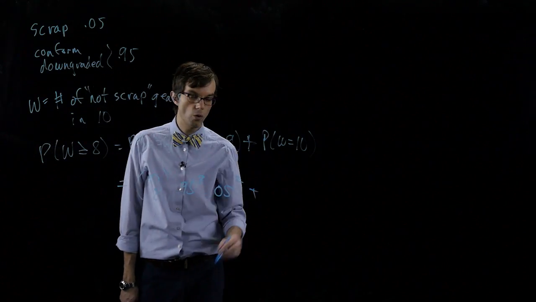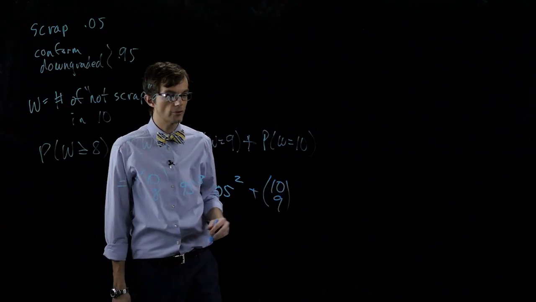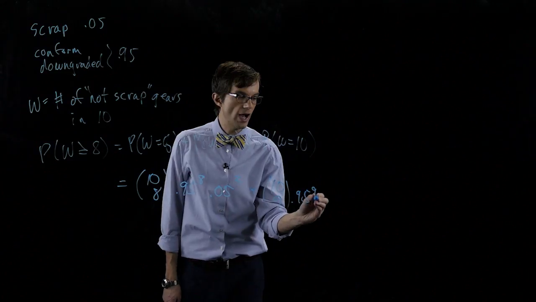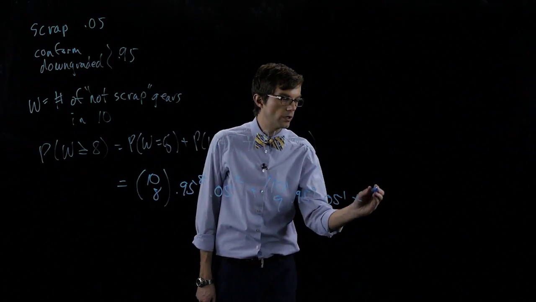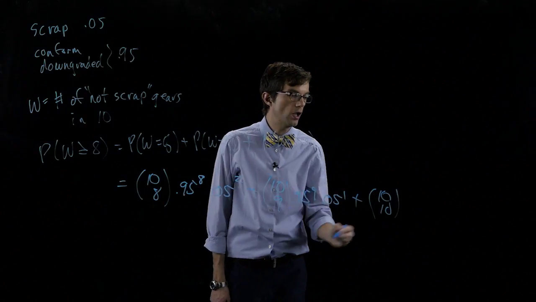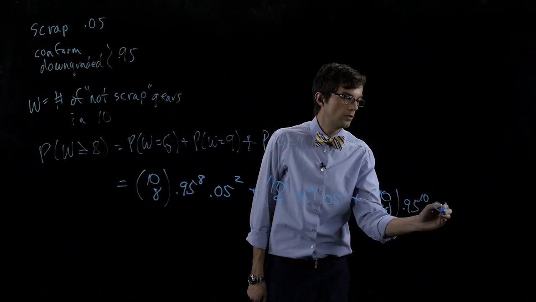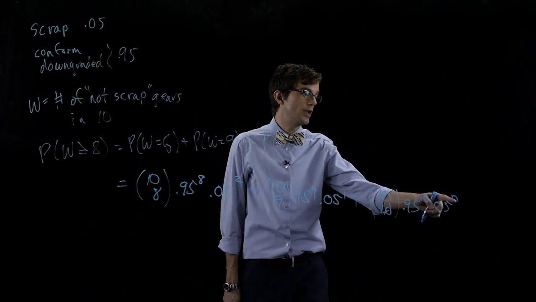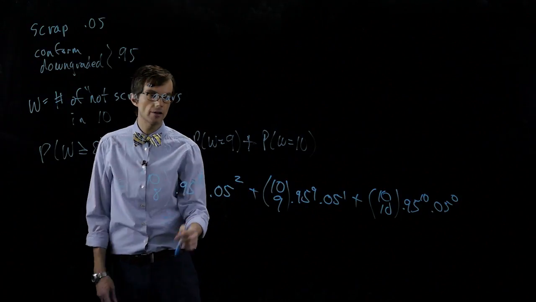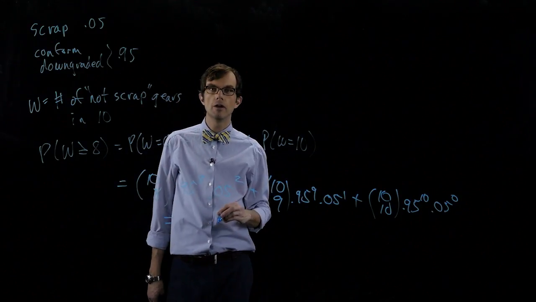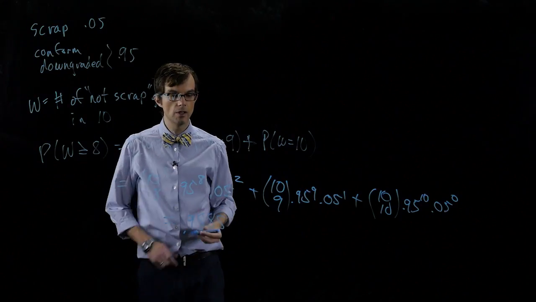Or we're going to choose from those 10, 9 that are not scrap, 0.95 to the 9, 0.05 to the 1 that is scrap. Or 10 choose 10. All of them will not be scrap, and none will be scrap. And if we work this out, again, this is just arithmetic from this point on, that probability is 0.9885.